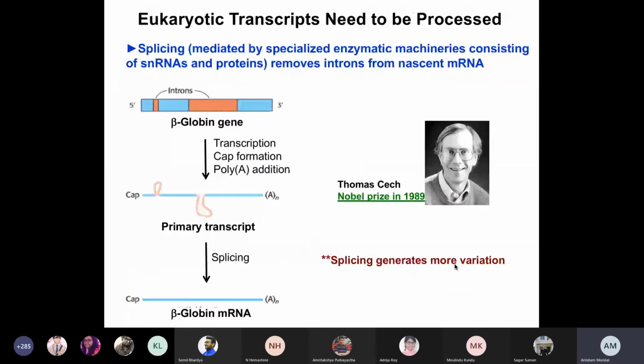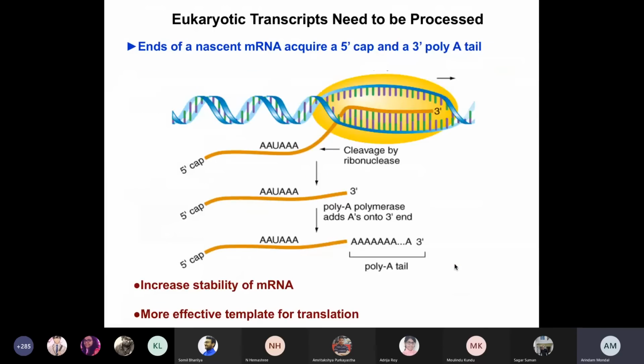So the poly A and capping is extremely important for the eukaryotic mRNAs for two purposes. One, for increased stability of the mRNA, and number two, for the transport of the mRNA from the nucleus to the cytoplasm.